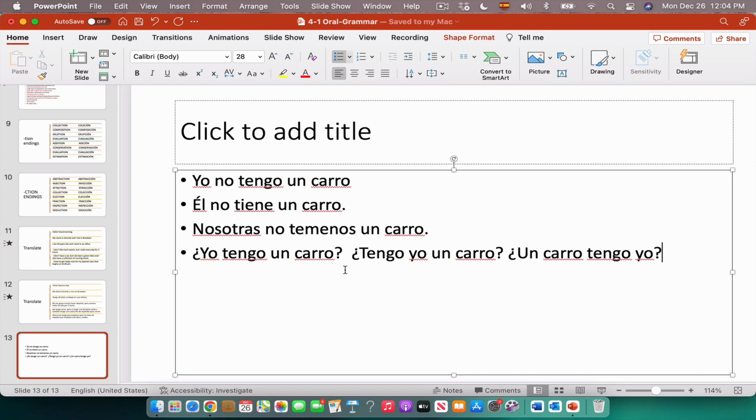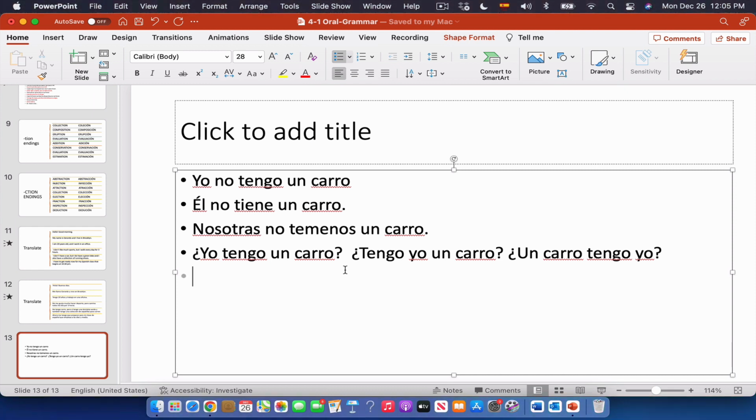Now, what happens with the other sentences that we have seen before? For example, imagine that you want to say something like, I speak Spanish. Okay, so you say, yo hablo español, right? So this means I speak Spanish. But what happens if you want to say, I don't speak Spanish? Well, in that case, you have to place the no here. No hablo español. And what happens if I want to say, do I speak Spanish? It's a question, right?